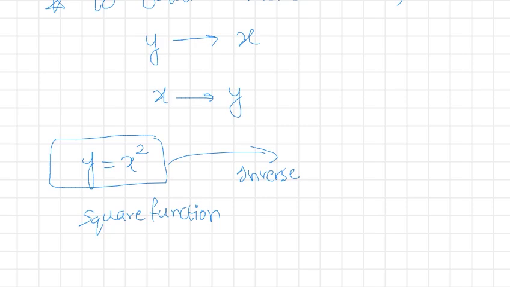Okay. So in this formula, y became x and x became y. Can you write the new formula?